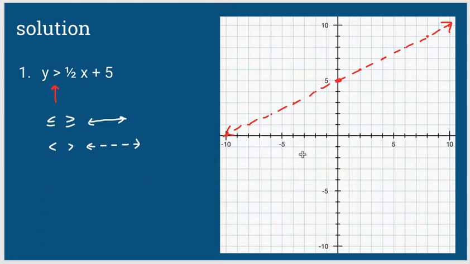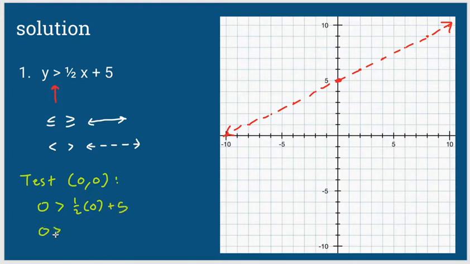But again, what I'm going to do is pick a test point, and I'm going to test 0, 0. I'm going to see if I plug in 0 for x and 0 for y, do I get a true statement, a true inequality? So I'm going to plug in 0 for y and 0 for x and plus 5 and see what I get here.